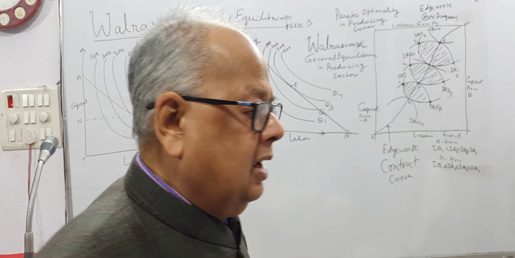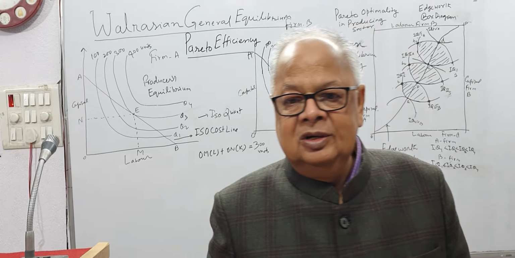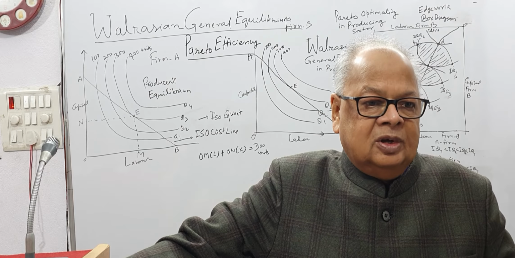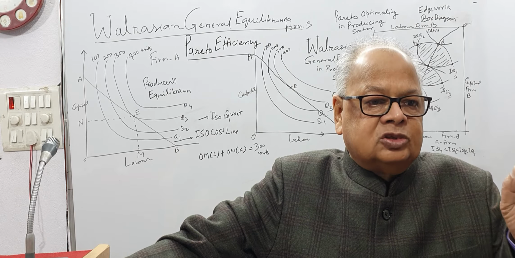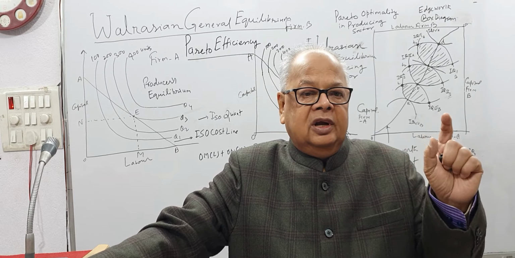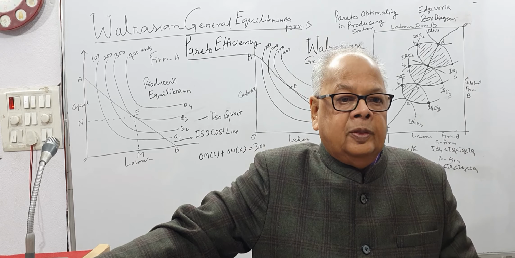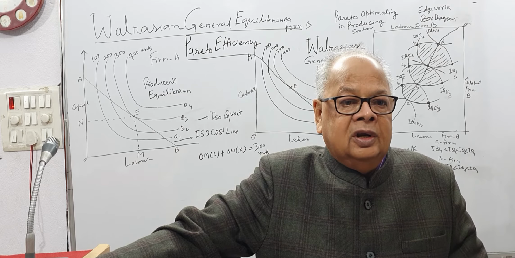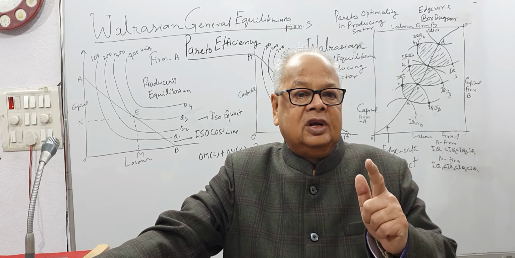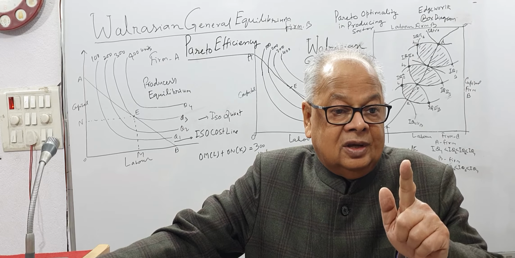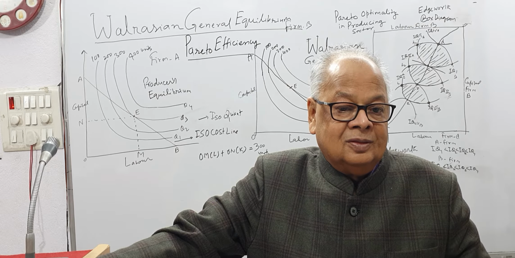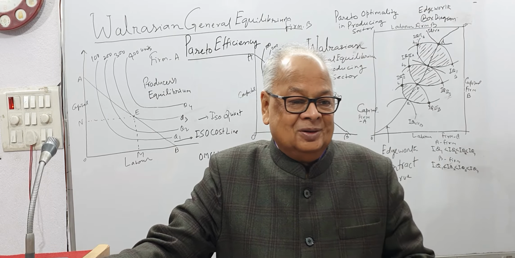Mr. Walras is a most important person. Mr. Marshall is the most important person. Marshall's book Principles of Economics came in 1890, and Walras's book came in 1889. So who is senior?